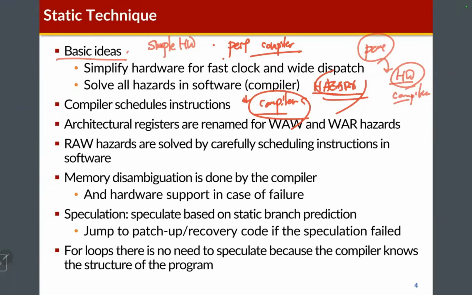If we look at our code, we can estimate the number of iterations in a for loop in our high-level language code. If we see for i equals 0, i is less than 100, then we can estimate that in this loop, the iteration number is 100. So compilers can analyze this.